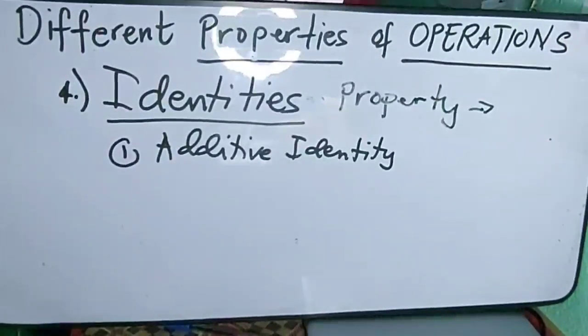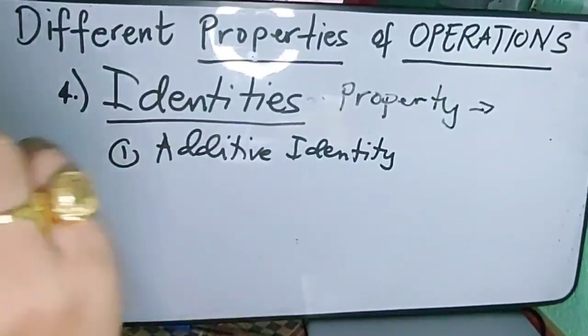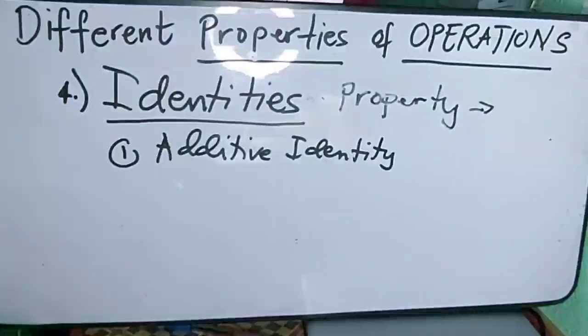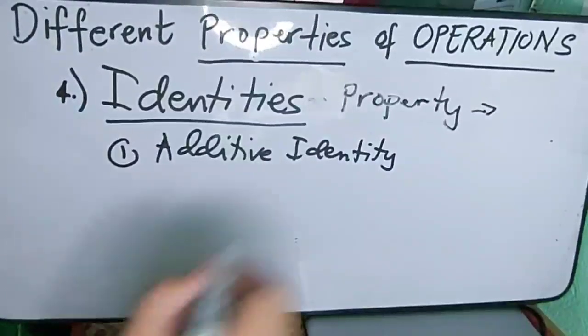This is the property: the sum of any number and 0 is the given number itself. 0 is the additive identity. Take note of that.